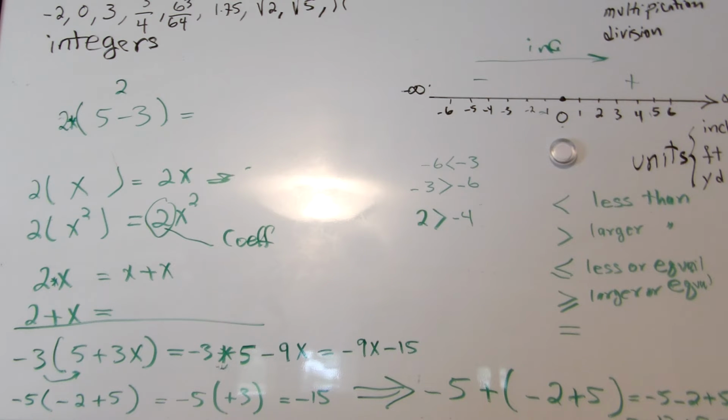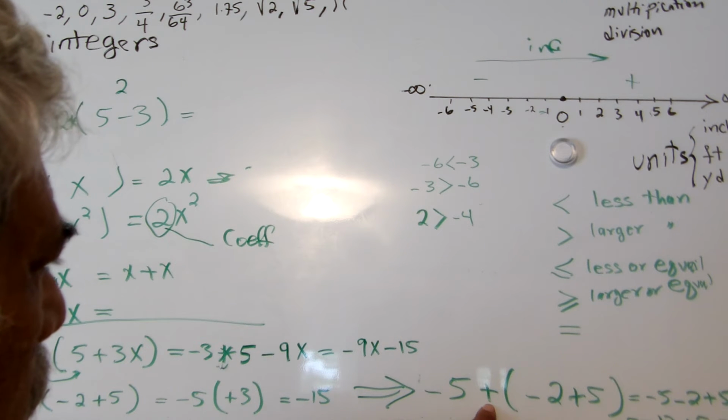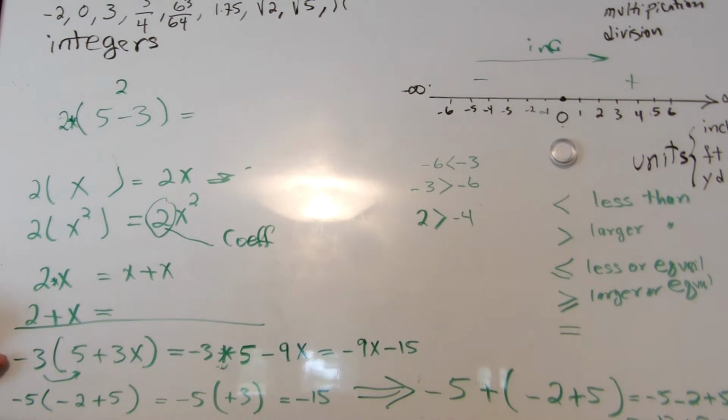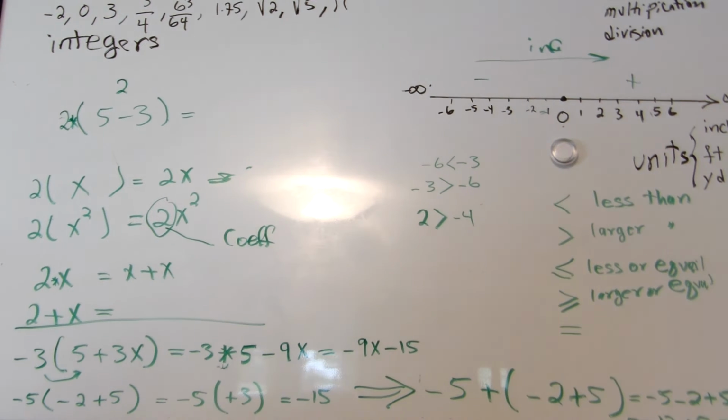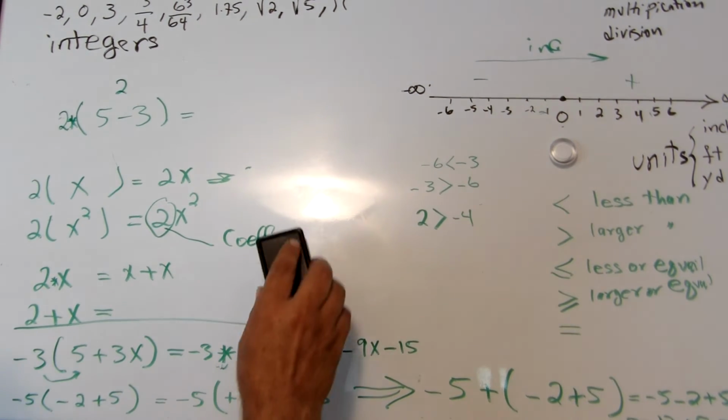So this is different. If there is a plus here, then we have to add them. But if it's multiplication, you have to multiply. You can do it another way too.